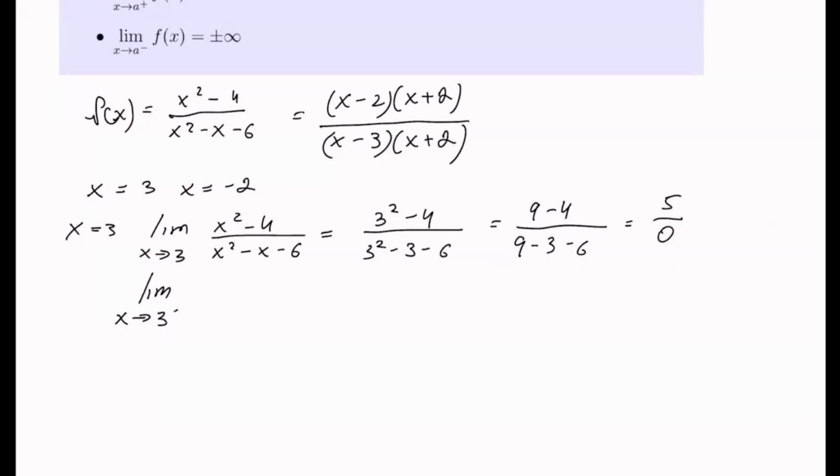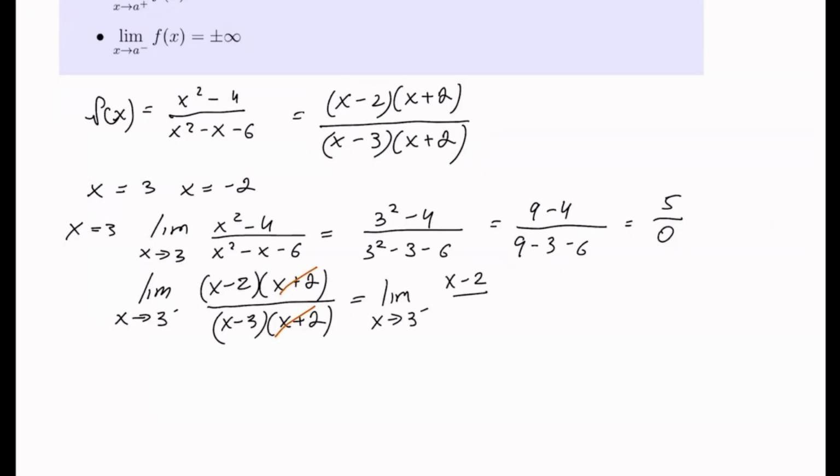From the left side, let me write this as factored out. So I have (x - 2)(x + 2) over (x - 3)(x + 2). I can actually cancel these two, and I have the limit as x approaches 3 from the left side of (x - 2) over (x - 3).